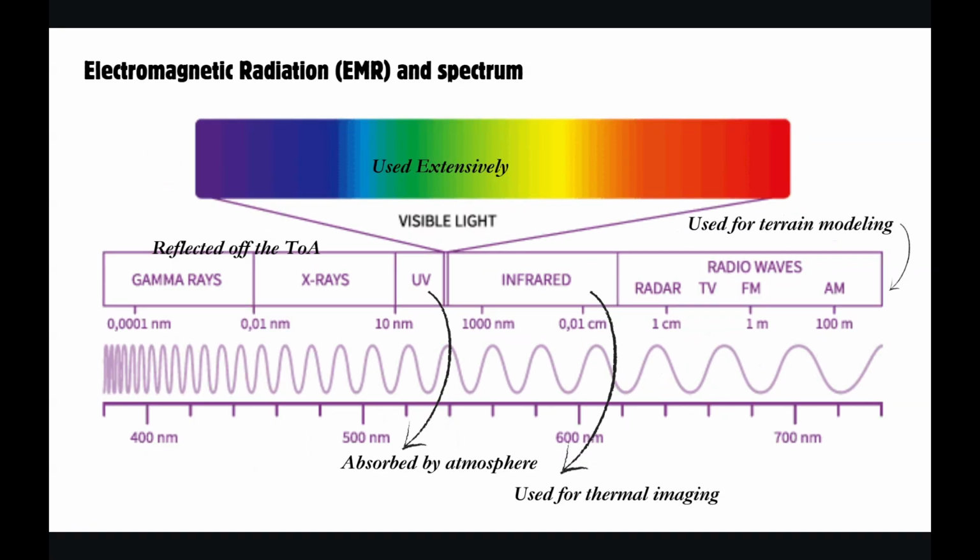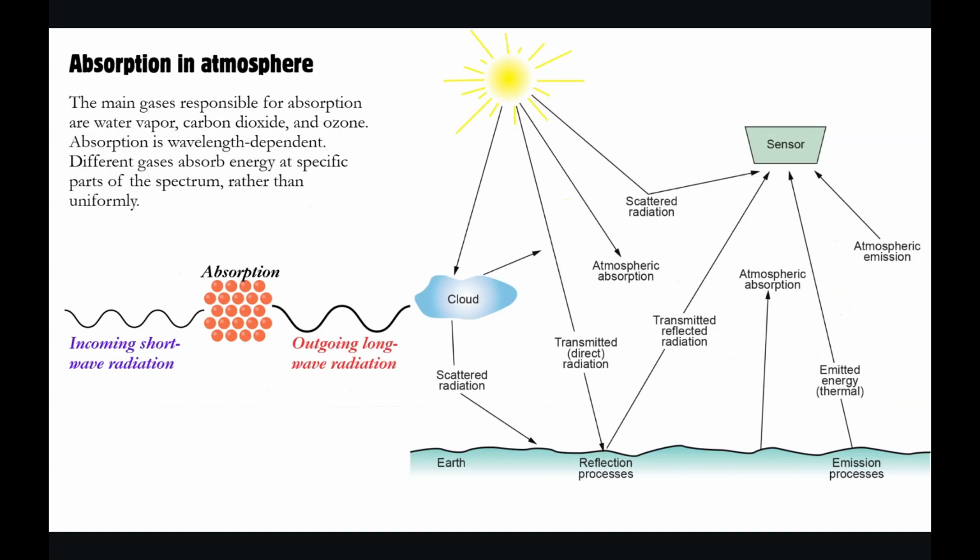Okay, now coming back to here, there are these various gases like water vapor, carbon dioxide, ozone. Ozone will absorb ultraviolet radiation. Carbon dioxide will absorb most of the microwave and most of the long wave radiation that is going back into outer space.